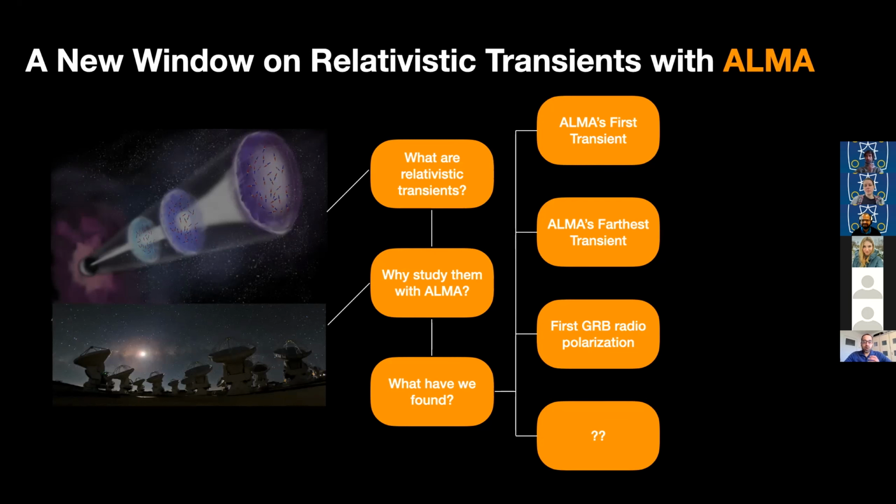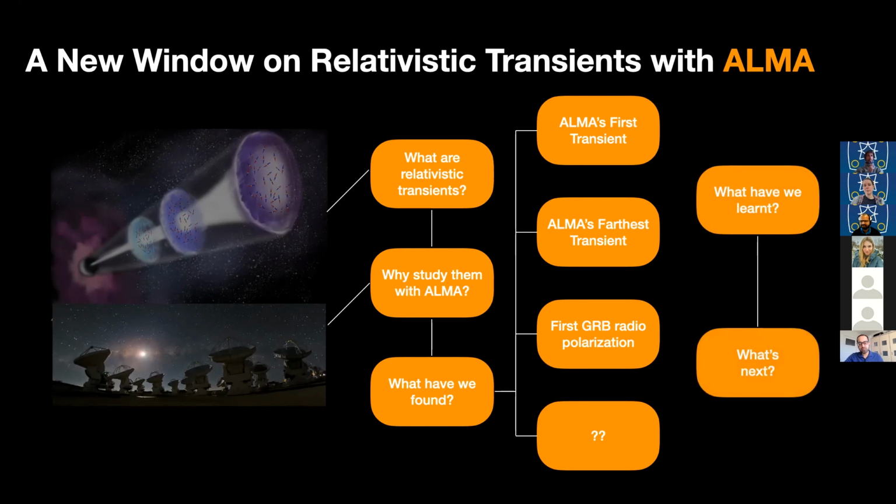I'll show you how ALMA's fantastic polarization sensitivity is opening a new window in this field. Finally, there'll be one surprise at the end, which is work in progress. As we go along, I'll try to connect with what we've learned in terms of the associated astrophysics, and then touch on where we are going in the next few years.